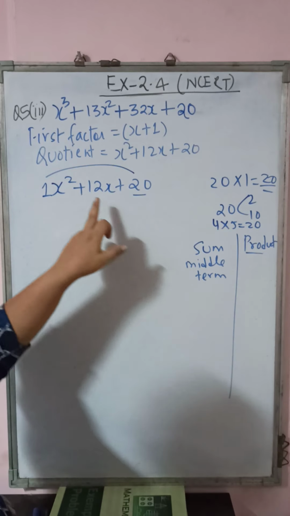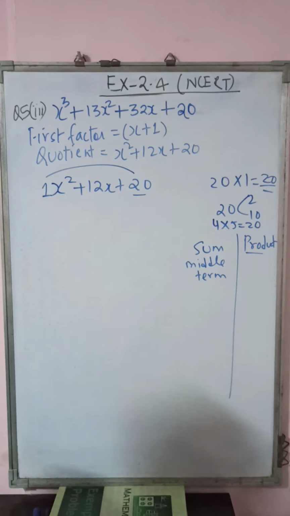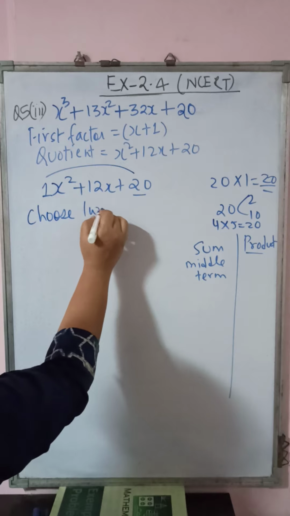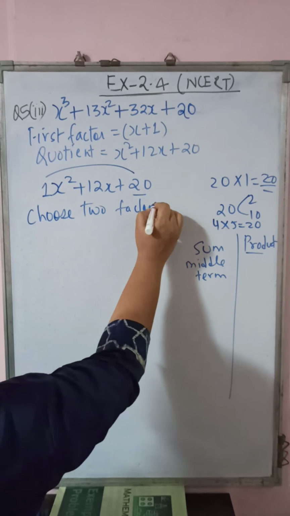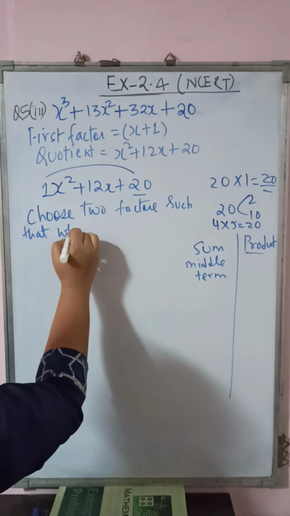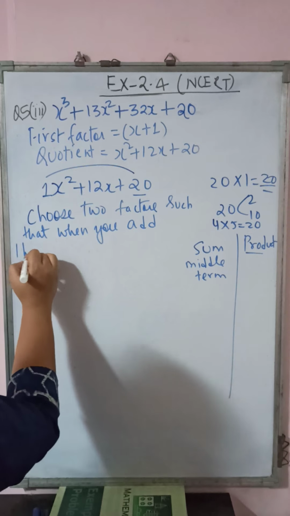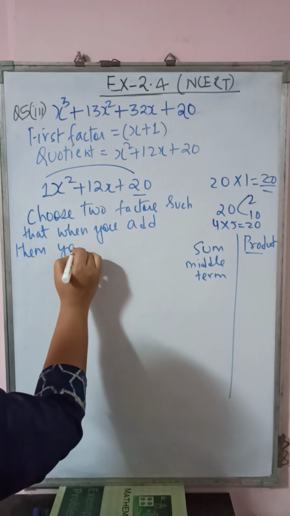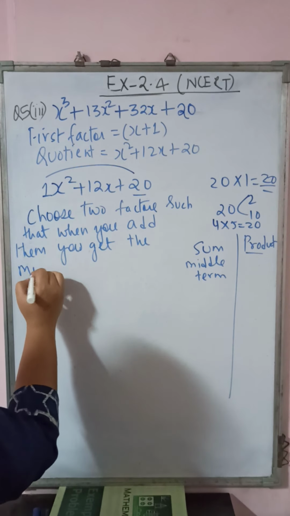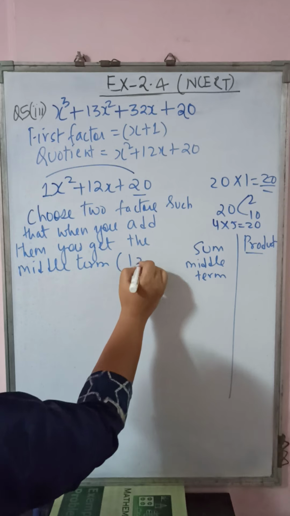So you have to choose two factors such that they satisfy both criteria. When you add them, you should get the middle term, and when you multiply them, you should get the last term. So choose two factors such that when you add them, you get the middle term, and in this question 12.